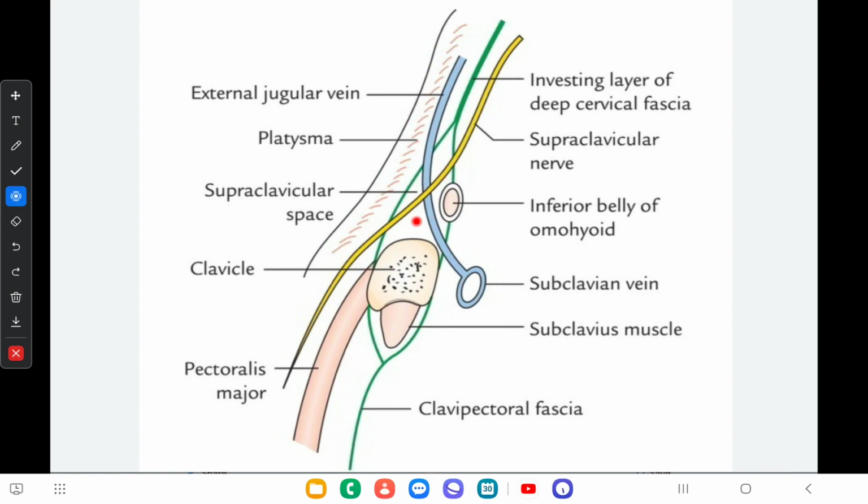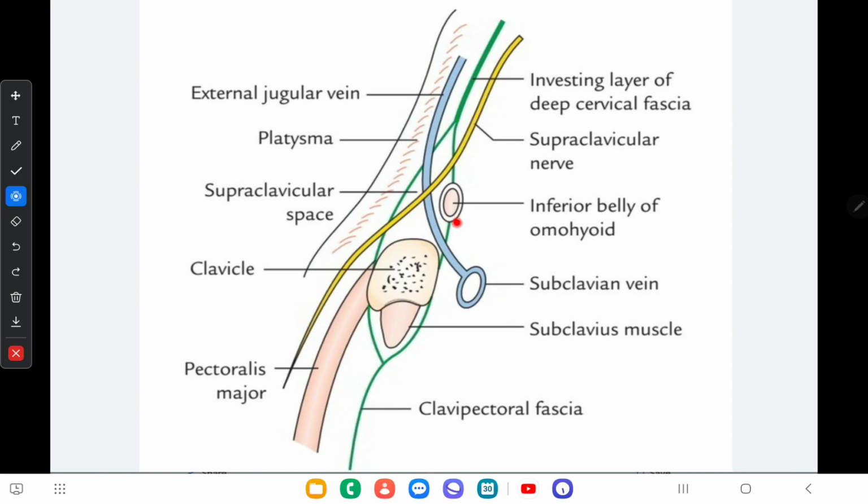This supraclavicular space is above the middle third of the clavicle. The fascia splits into two layers and attaches to the anterior and posterior margins of the superior surface of the clavicle and encloses the supraclavicular space in the lower part of the roof of the posterior triangle, like this.